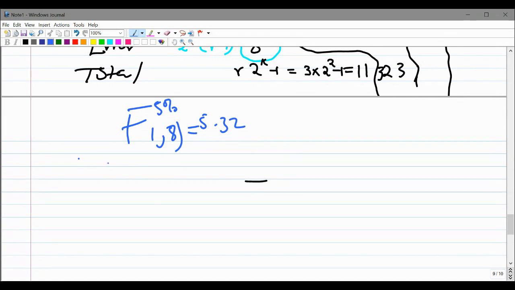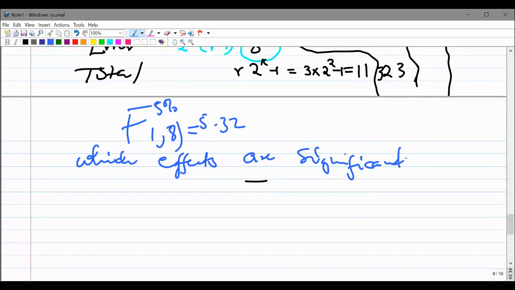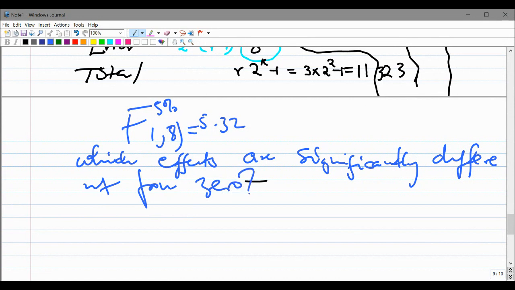Question 2. Which effects are significantly different from 0? Significantly different from 0. Yes. Thank you very much. This is the question that is being asked.